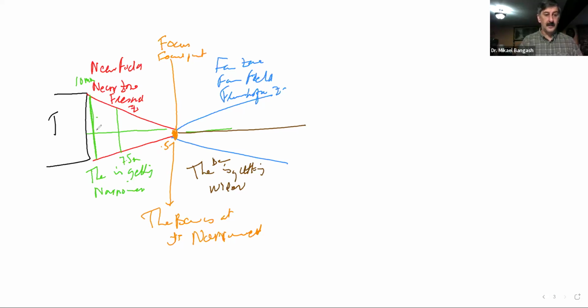But since we are looking at the beam from above, it's an aerial view of the beam, right? So what are these distances going to be? We can say they will relatively be the width of the beam.